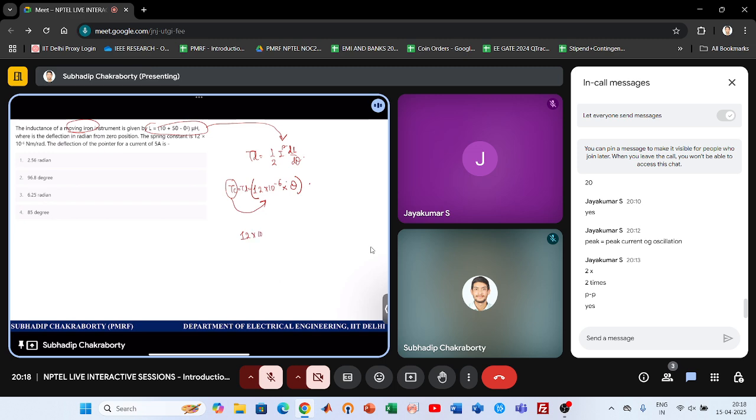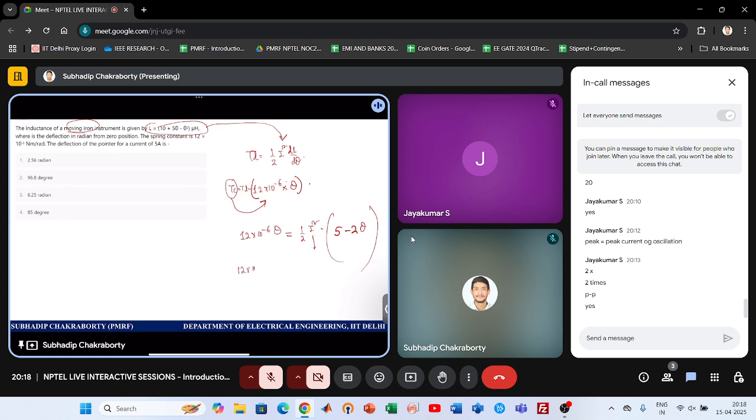So 12 into 10 to the power minus 6 theta should be equal to half I square into dL d theta. So what is dL d theta? 5 minus 2 theta. Now I is known, right? 5.